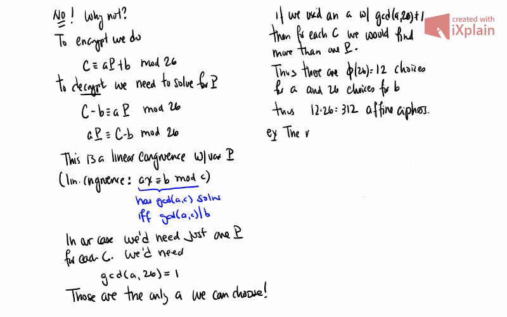say the mapping C is congruent to 5p plus 7 mod 26 is an affine cipher.